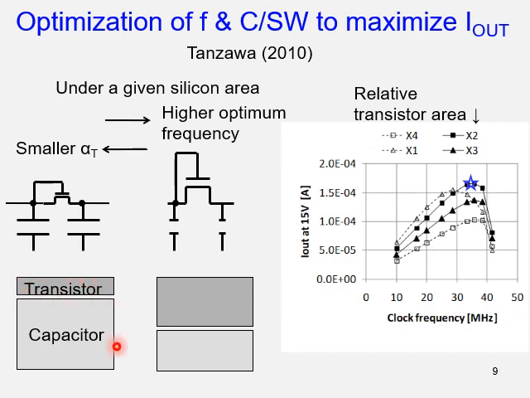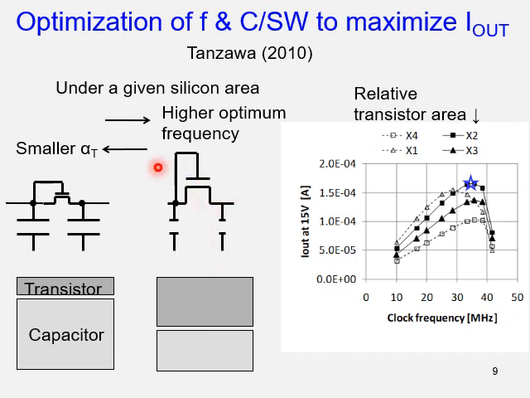If your capacitor increases, then your transistor area decreases. On the other hand, you can increase the transistor area with a smaller capacitor area. So if you want to increase the clock frequency, then the transistor must be increased with some reduction in capacitor size.